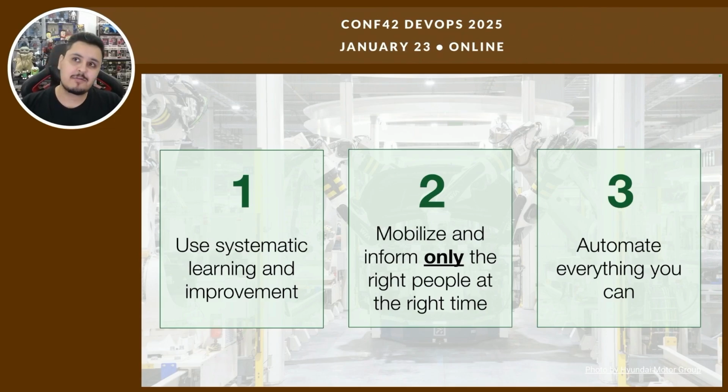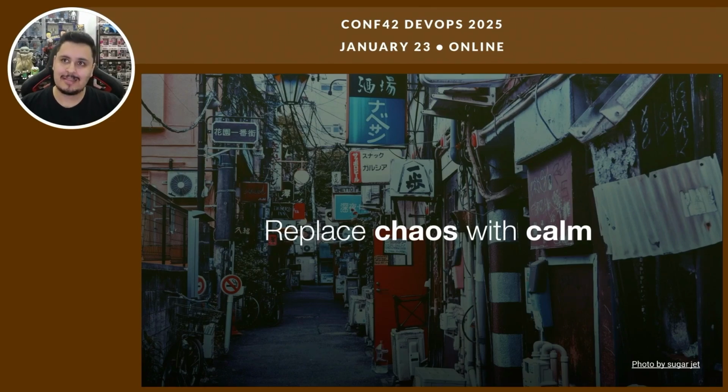This will make the resolution effort more efficient, will drive down the overall time to resolve incidents, and will reduce the strain and overwork on your staff. And then the third is to automate everything you can. You should make technology work for you, and you should make it work for you by setting up rules and actions that will trigger automatically when there's time and when you need them. The bottom line is we want to replace chaos with calm.